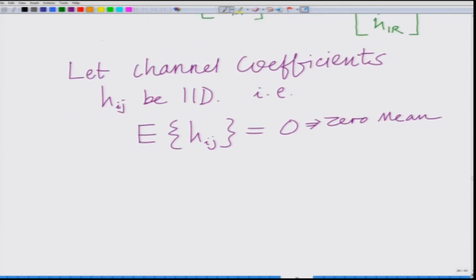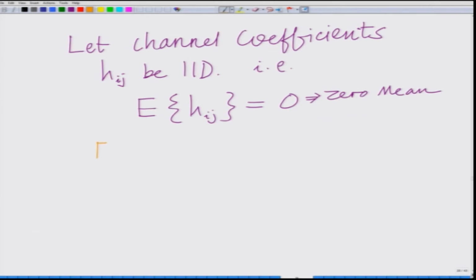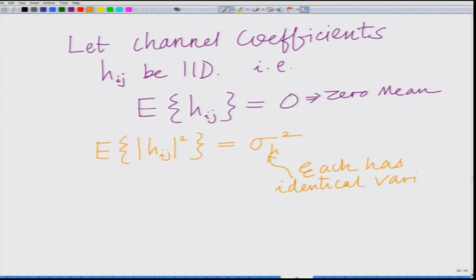Let us also assume they have identical variance: the expected value of magnitude Hij square equals sigma h square, that is, each has identical prior variance sigma h square.